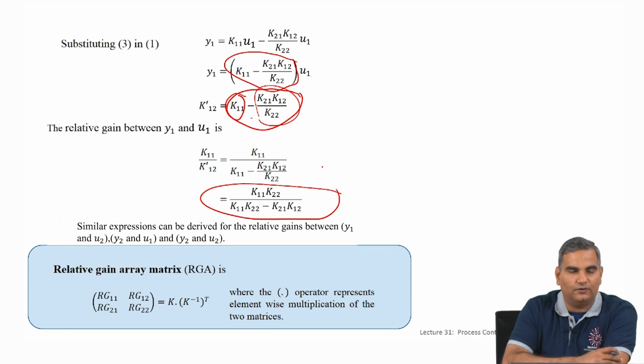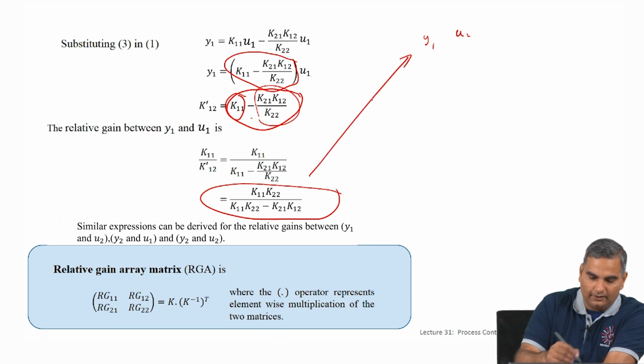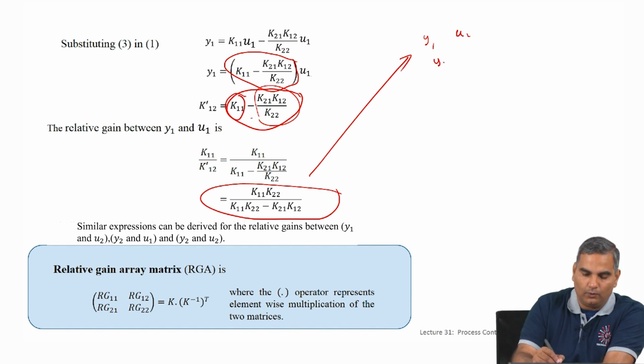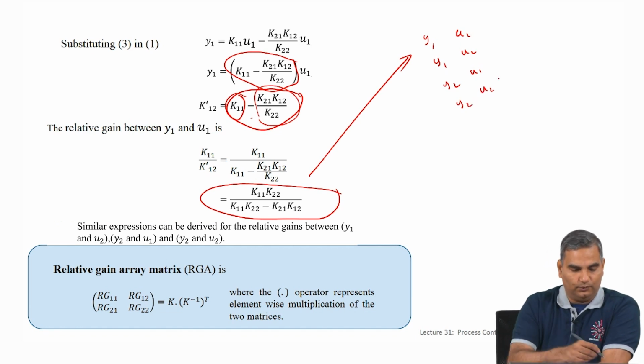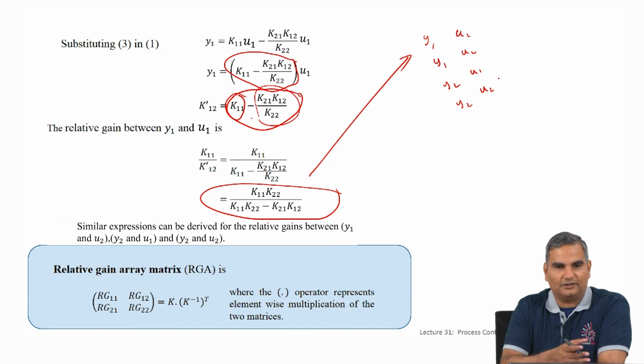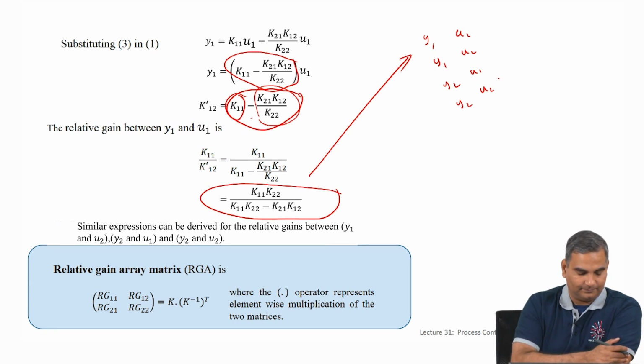You will see how this is very close to the dynamic decoupling idea, except that we are working with only static gains. Now, this was done only between y1 and u1, this relative gain. You can do a relative gain between y1 and u2, y2 and u1, and y2 and u2. I leave this as an exercise for you to look through these various transfer functions and do these computations for the other things, so that it is easy for you to understand this.